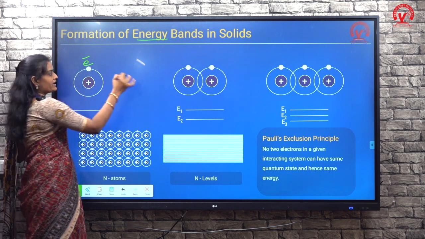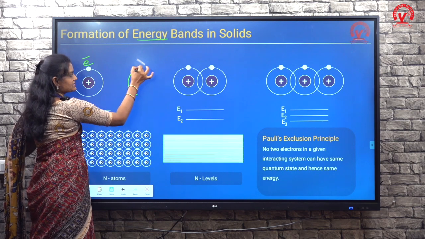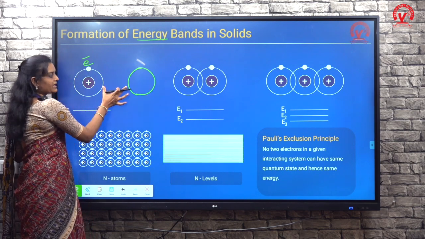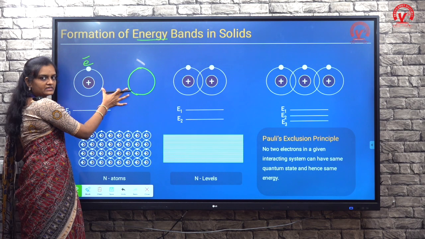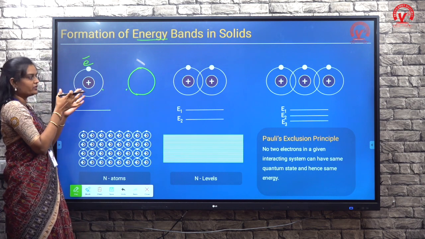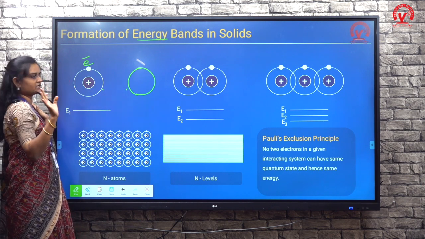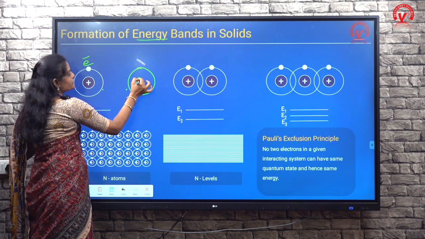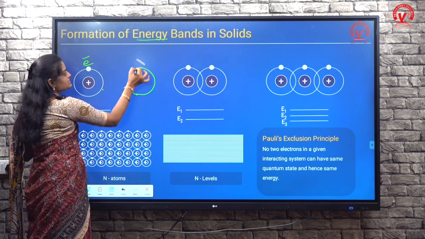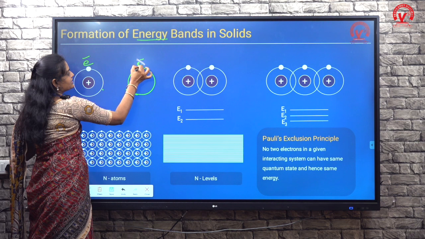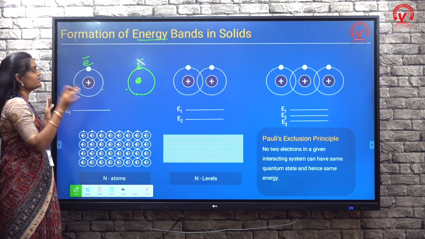Now I am going to take another atom here. It is kept far apart. It is not close, not tightly bound. Inside we have the nucleus and an electron revolving around it.